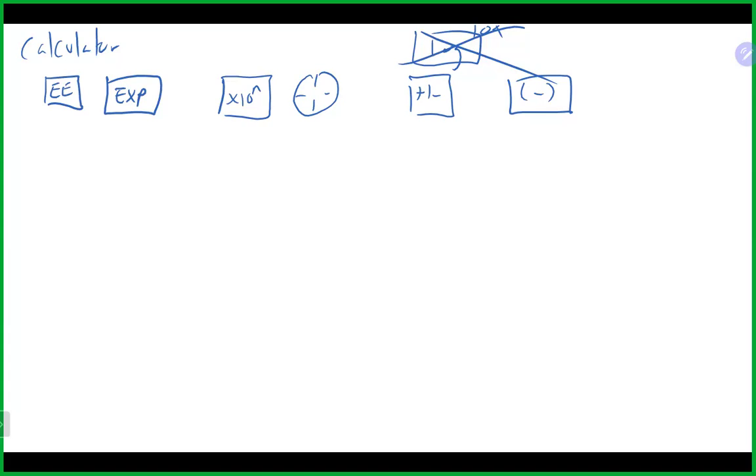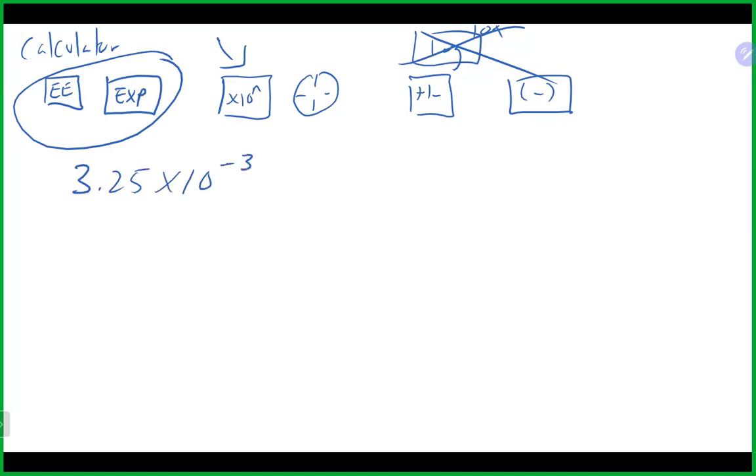So let's talk about how to properly put a number into your calculator. We'll start with these, and then we'll talk about what you need to do if you have that calculator. So let's say we had 3.25 times 10 to the minus 3, and we wanted to properly put this number into our calculator. So this is what you should push. You should go 3.25. You then should hit your exponent button.